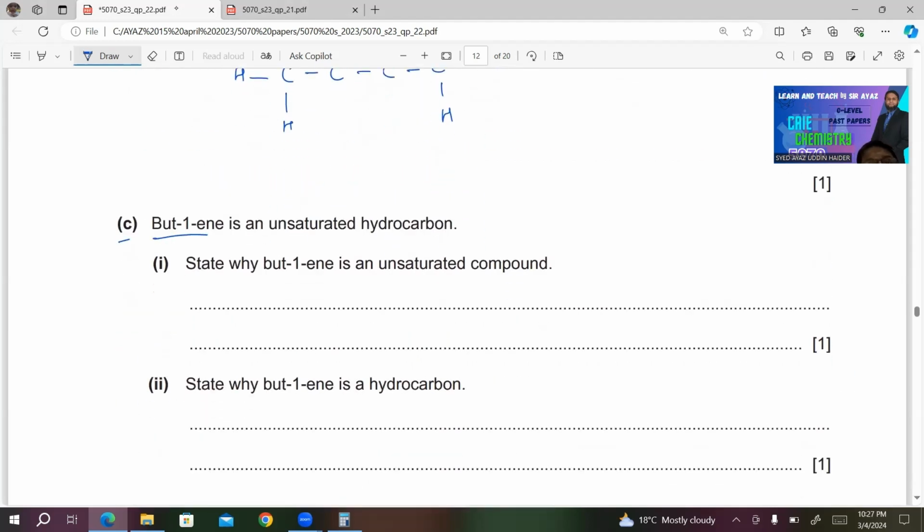C. Butene is an unsaturated hydrocarbon. Number 1. State why butene is an unsaturated compound. It must be having carbon-carbon double bonds. Contains carbon-carbon double bond.